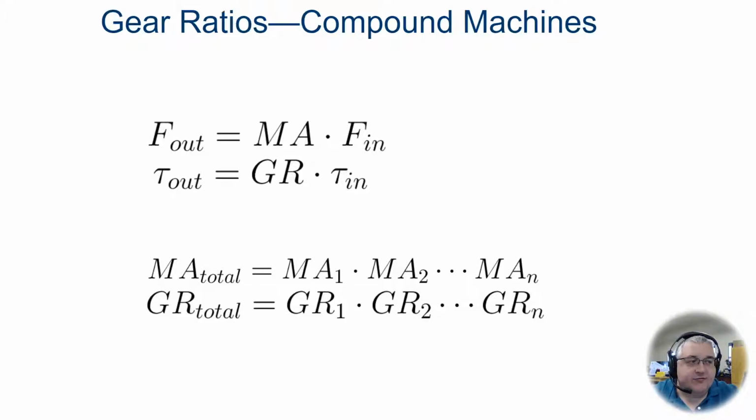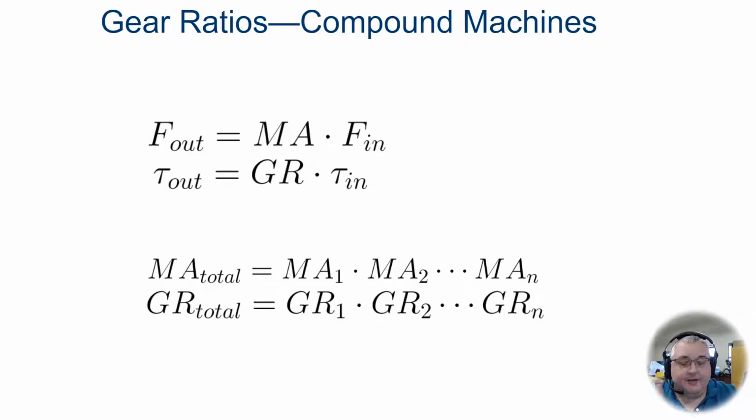Force is measured through a cable or a rod, because I am pushing or pulling on that string. Torque is measured about an axis of rotation. I have a center that I am rotating about. Force and torque are not the same thing. That's the important part there.